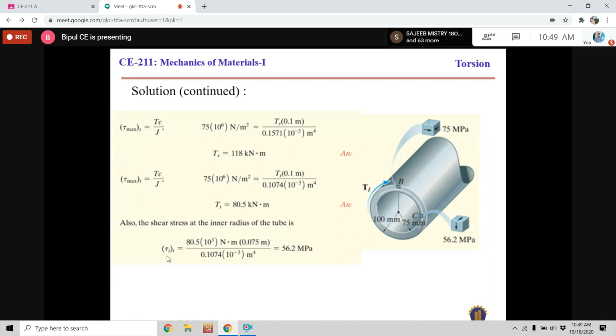So at the inner surface, we use this equation, tau equals Tc by J, where T is the applied torque and C is the radius of the inner surface, that is 0.75 MPa, and the value of J is here. So the stress at the inner surface will be 56.2, and if you show this stress in a stress block, the direction of this stress will be this way, along the longitudinal axis of the shaft.